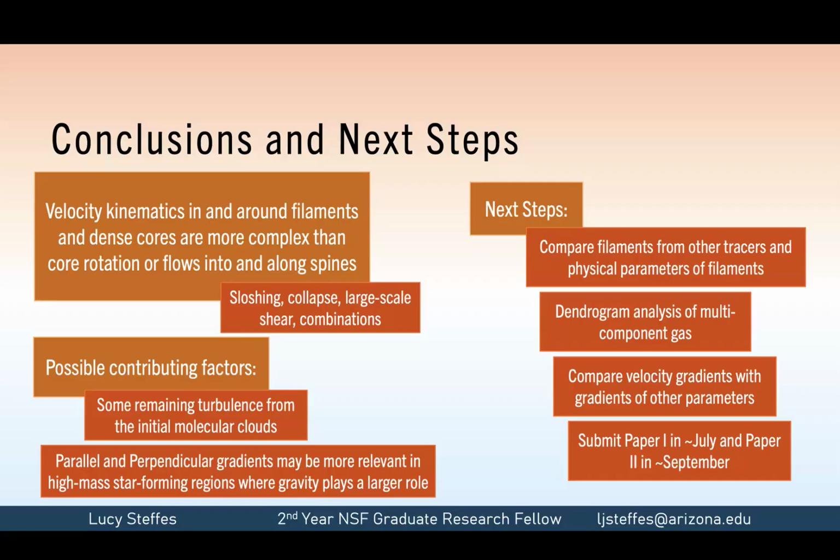My goal right now is to submit paper 1, which will focus on the filaments and the methodology, hopefully by the end of July or August, and then paper 2, which will focus on the cores, ideally by the end of September. So that is everything I have for you today, and I'm happy to take some questions.